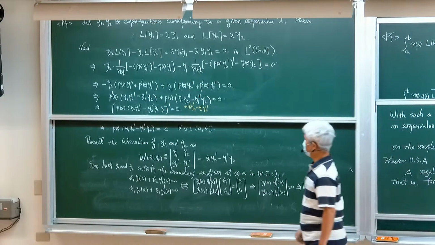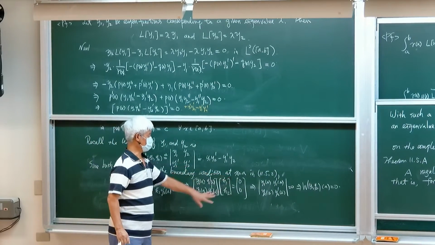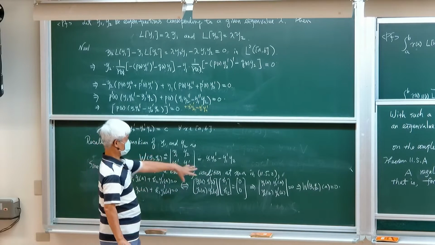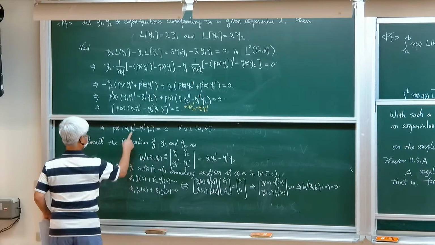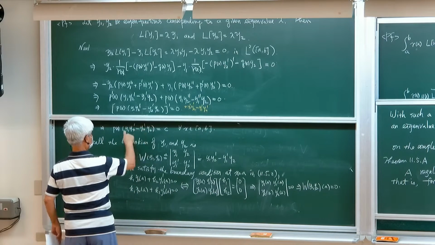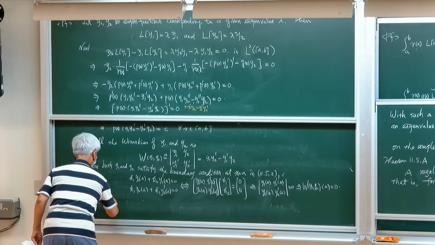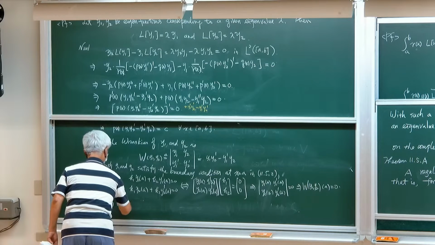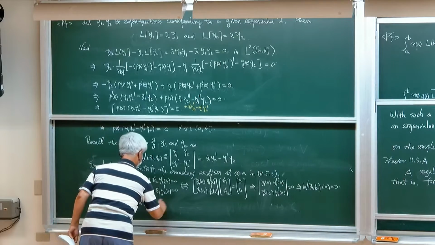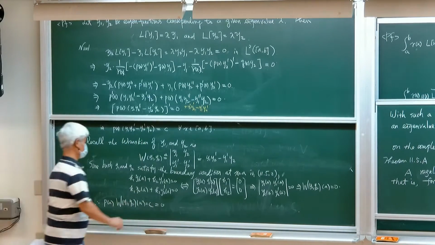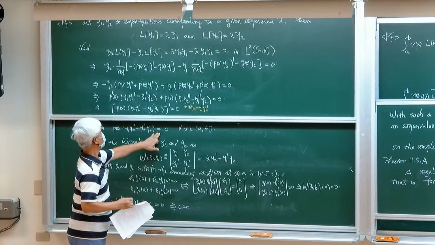Y1 and y2 satisfy the boundary condition at a, which implies that the Wronskian at a is 0. But the Wronskian of y1, y2 at a is C, which is 0. So this constant is 0.